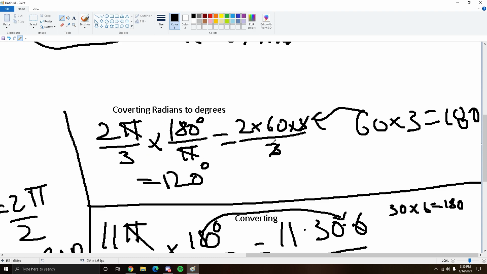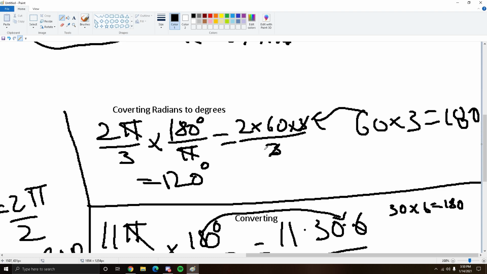So 2 pi over 3 times 180 degrees over pi. The pi is gonna cancel out first, because we have a pi in the numerator and one in the denominator. So 60 times 3 is equal to 180, right? Since we don't have another 0, the 180 is not going to cancel.